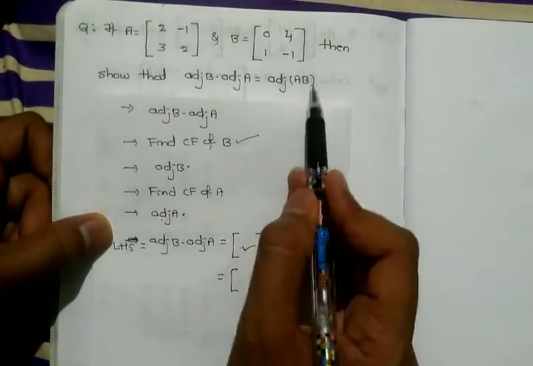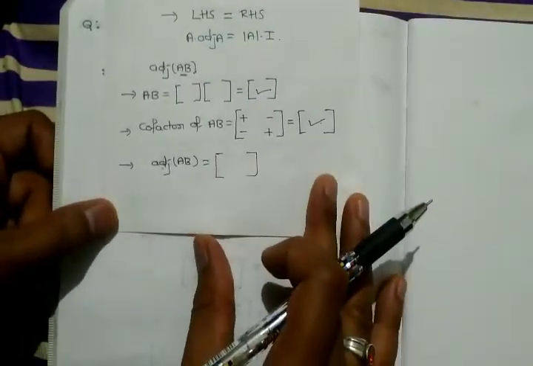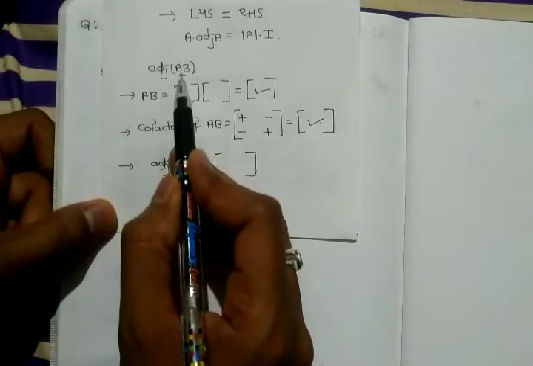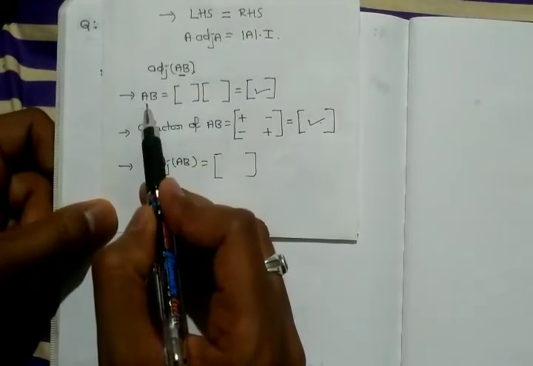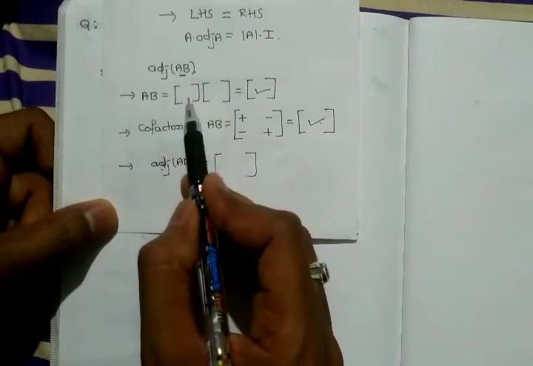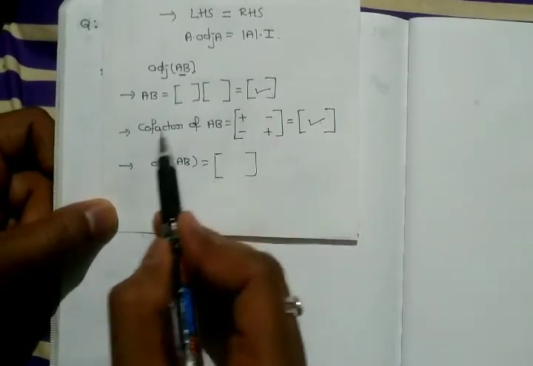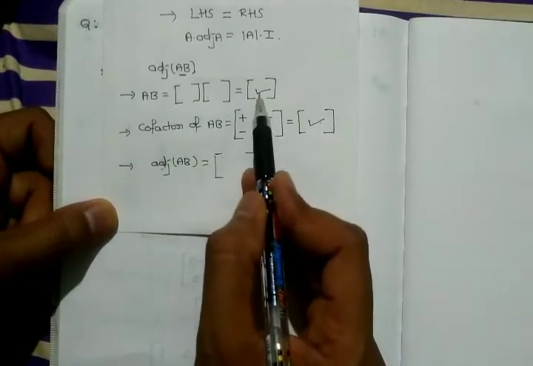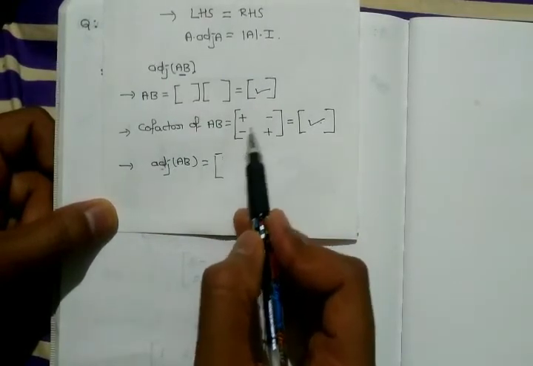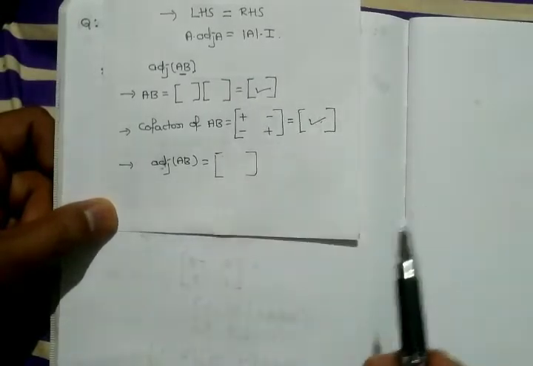Next, the right hand side, adjoint of AB. The steps are already there. To find adjoint of AB, first we need to find AB. Note down A, note down B, multiply these two, and you will get the AB value. Once you get the AB value, find the cofactor of AB by taking the sign rule, plus minus minus plus, deleting the particular row and column.